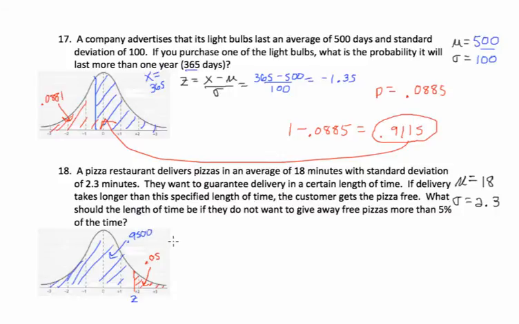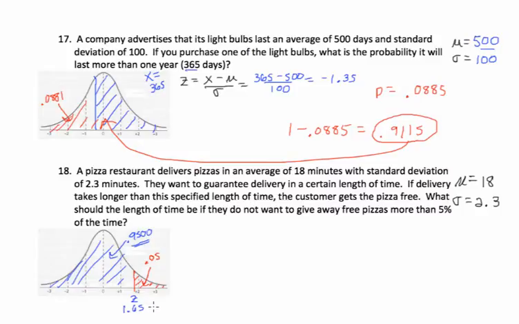So here's what you do. You go to your table, and you look in the middle numbers, in the probabilities, and you search until you find a number that's as close as you can get to 0.9500. I found it. Let's see. I'm going to have to pick one here. I'll pick 0.9505. That's about as close as I get. What's the z-score that goes with that? Well, it's 1.65.